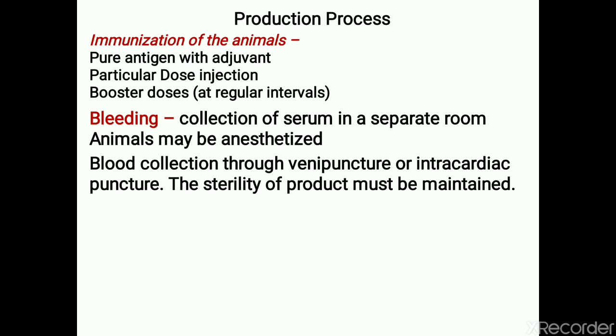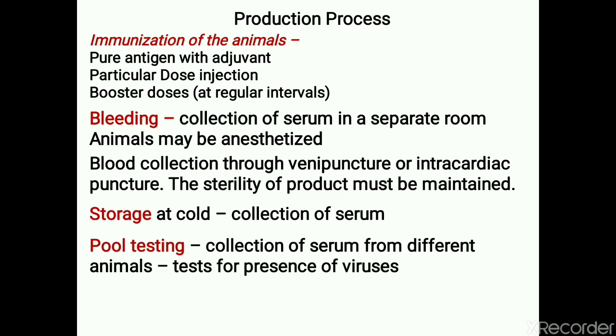Nowadays, the animals are not anesthetized and the blood is collected by venipuncture, it will go to a machine that will automatically separate blood cells and serum. The blood cells are returned to the animal's body and the serum is separated. So this is possible through an automatic machine. Then the serum is collected in cold.